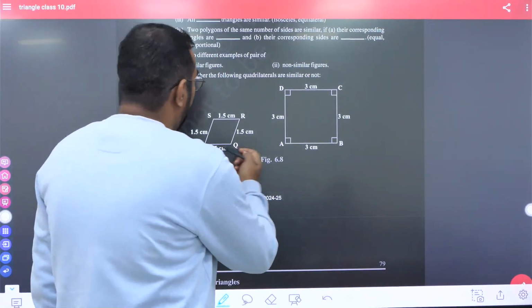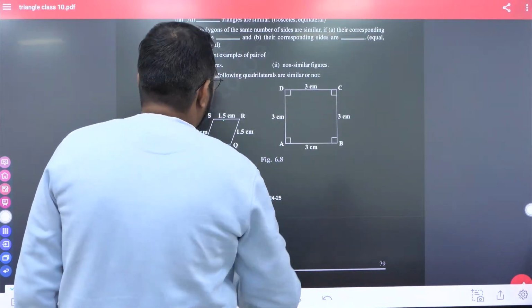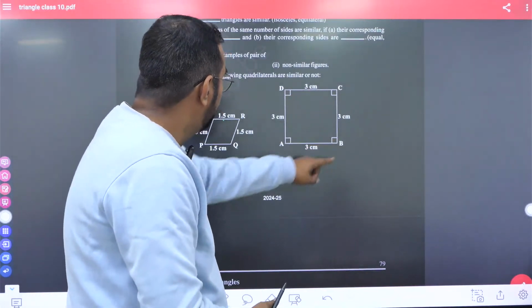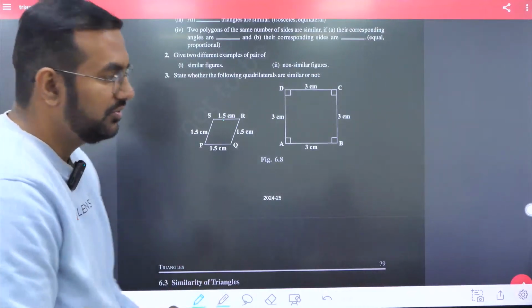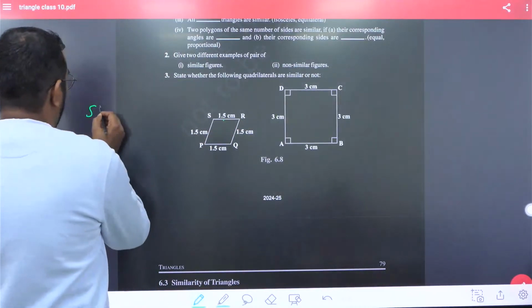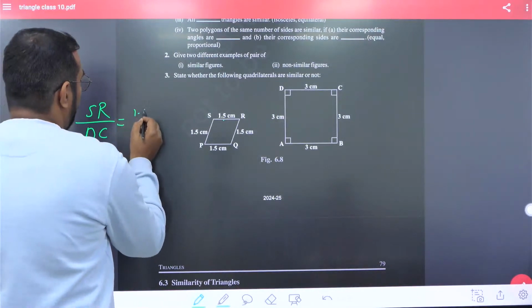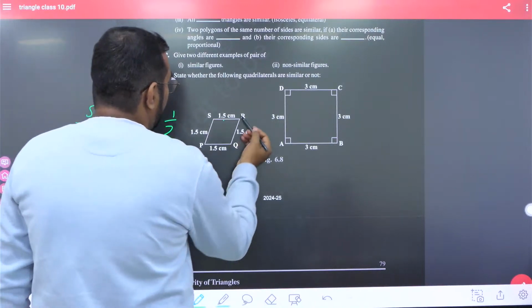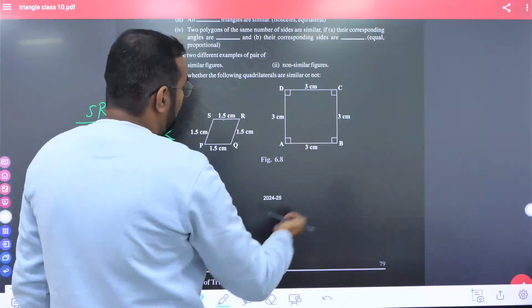We can see 1.5, 3, and if we find the ratios of these sides, the ratios are proportional, all equal to 1 by 2. SR upon DC is 1.5 upon 3 equals 1 by 2. Similarly, RQ upon CD is 1.5 upon 3, equal to 1 by 2.